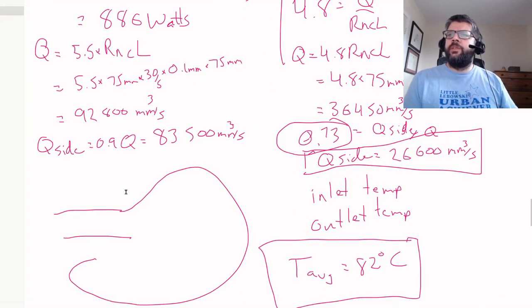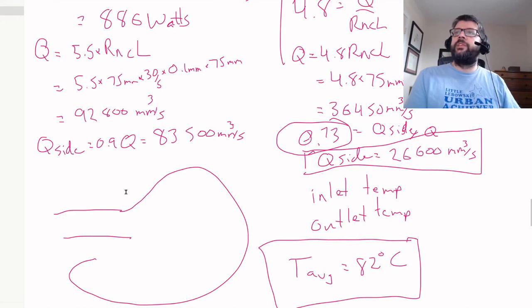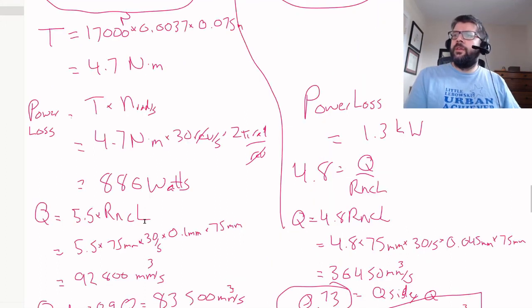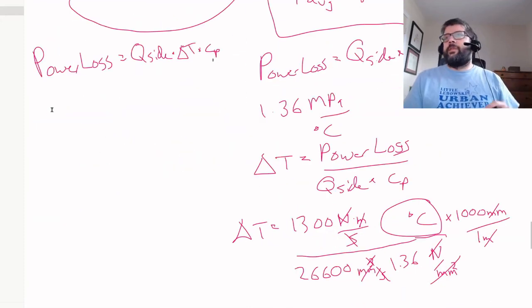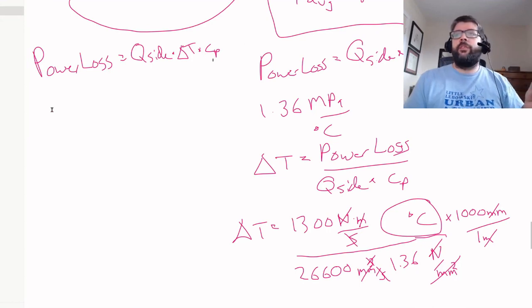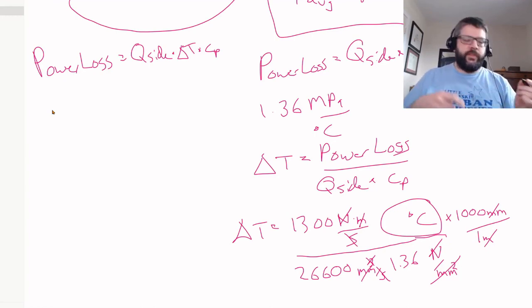Our Q side there is 83,500, and our power loss was 886 watts. In this situation, we expect to see a far lower temperature rise because we both have more side flow and less heat being generated. That should be expected because it's a less tight bearing, so we're not burning as much energy due to the viscous heat.